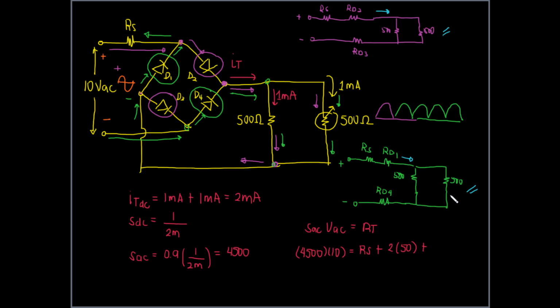Then in series also with the parallel combination, 500 500 is 250. There. So our RS this time is 4,500 minus 250 is 4,250 minus 100 is 4,150 ohms. There you have it.